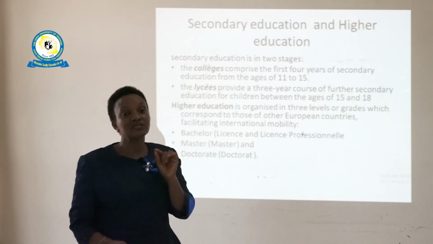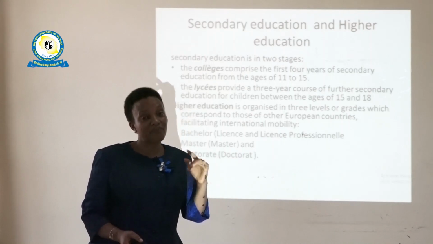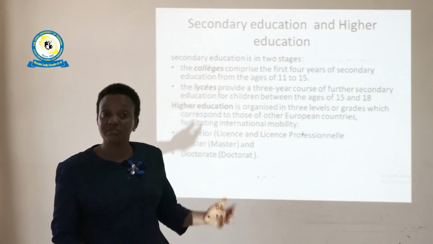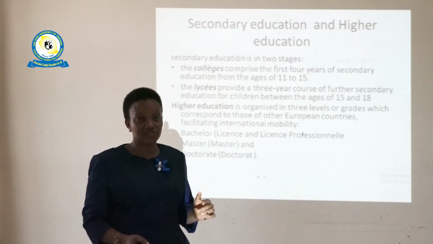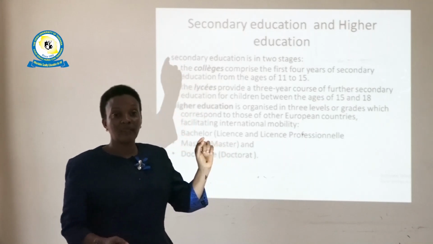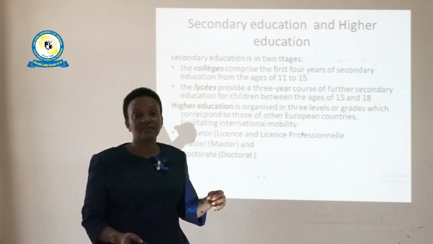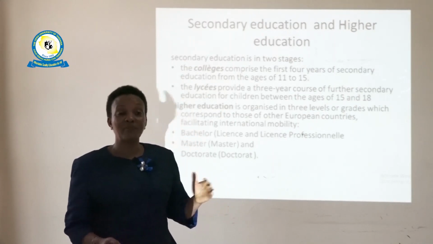Now, after completion of the secondary education, a child has to pass his secondary education examinations, and he or she went to higher education. Now, the higher education or university education in France is organized in 3 levels, which correspond to those of other European countries.